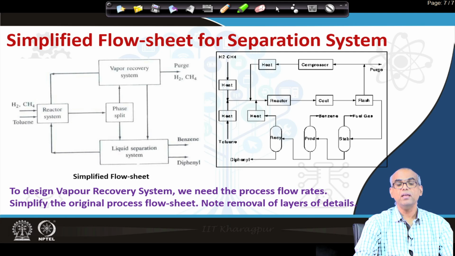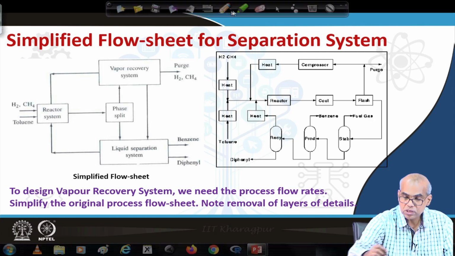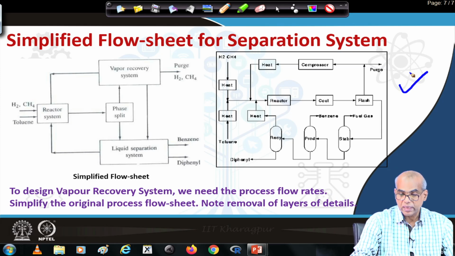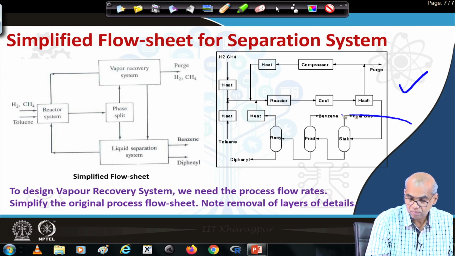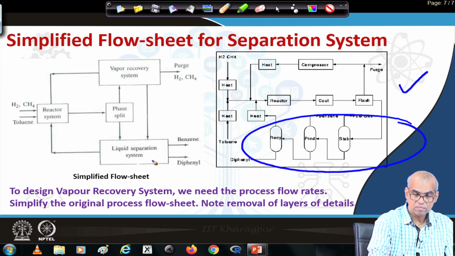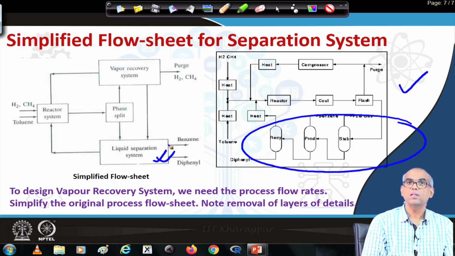So, we can simplify the original process flow sheet. How? We can club these liquid separation systems, which are a sequence of distillation columns. So, we have lumped this distillation train as a single liquid separation system.